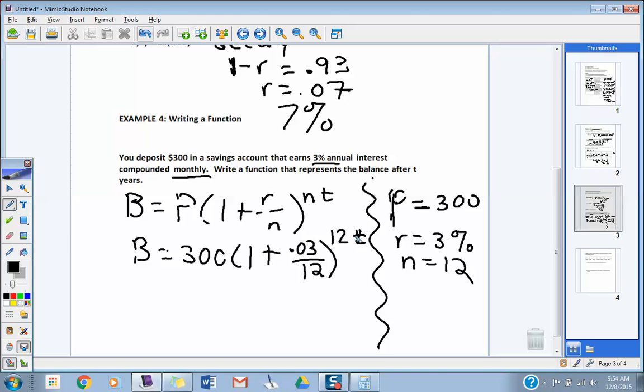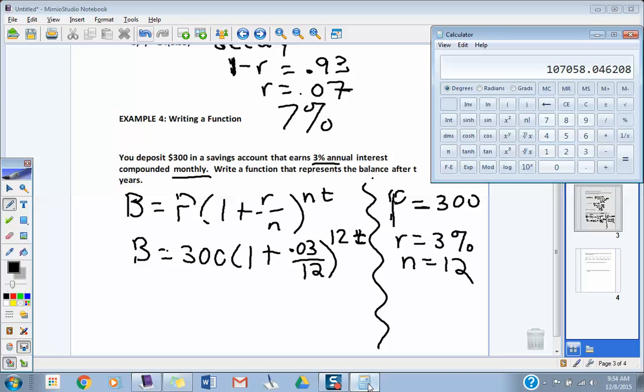All right, so I want to change some stuff right here. I don't like that number that's in the middle there in parentheses. I don't like the 1 plus 0.03 over 12. So somebody do this for me. Let's take that 0.03 and divide that by 12. What's my decimal that I get? 0.0025.